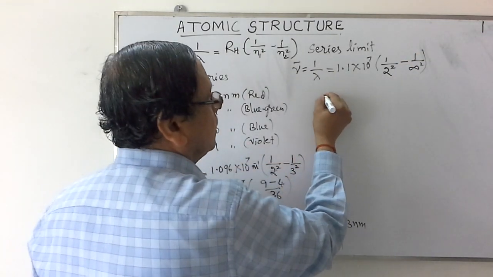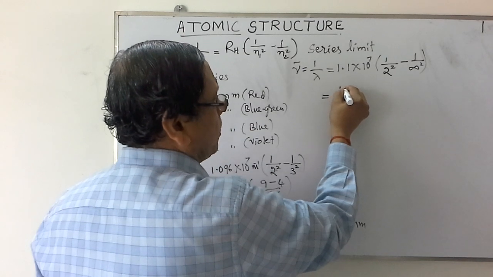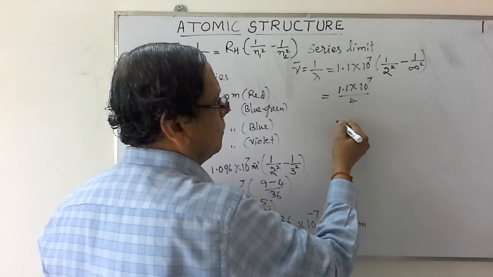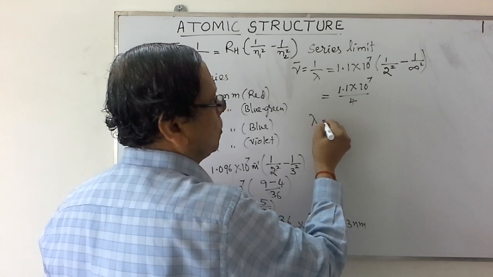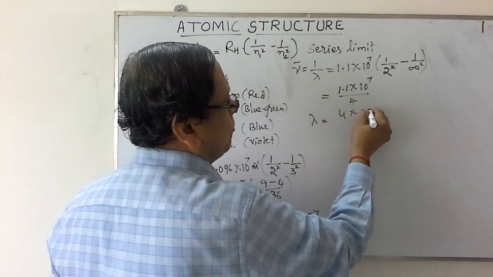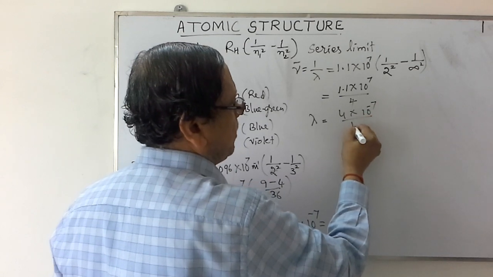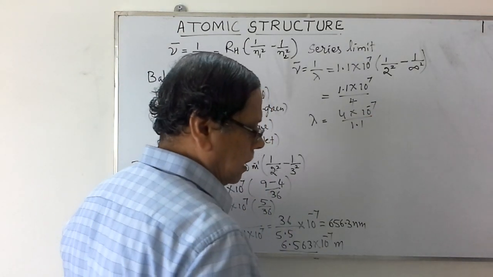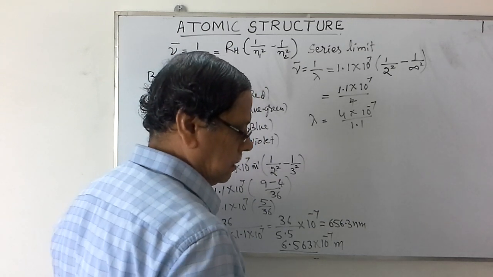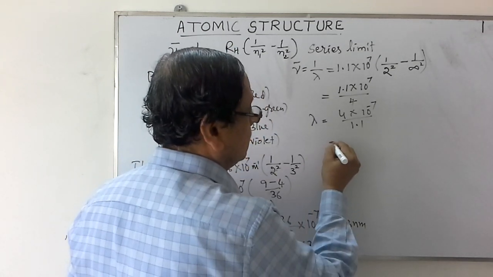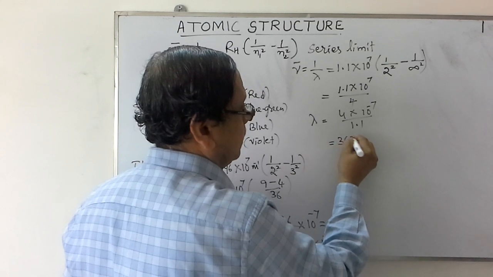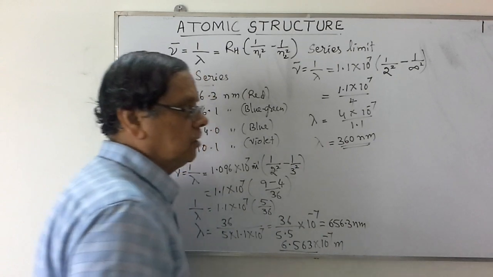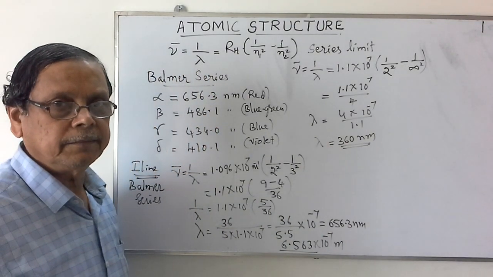Therefore we have 1.1 into 10 power 7 divided by 4. Therefore lambda is equal to 4 into 10 power minus 7 divided by 1.1. This comes out to be almost 360 nanometer.